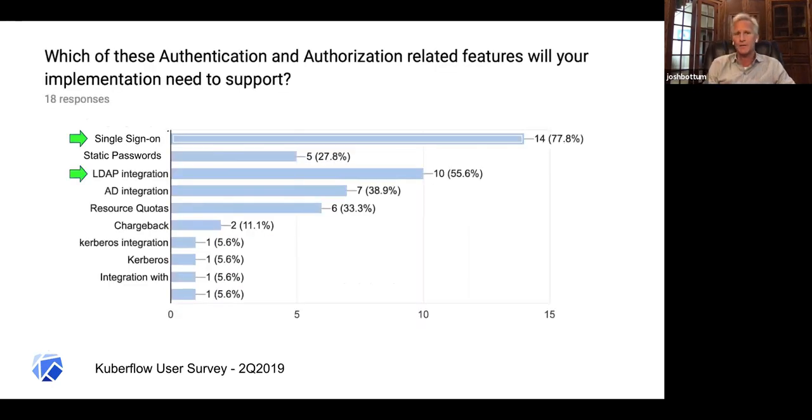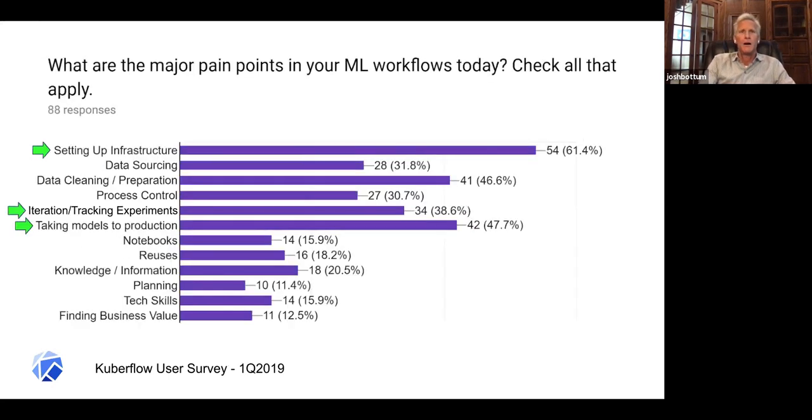Another piece from the 2Q user survey: which features, authentication and authorization, will folks need? Here we have single sign-on and LDAP and AD integration being of the top requests, along with resource quotas and static passwords. So some interesting data here.